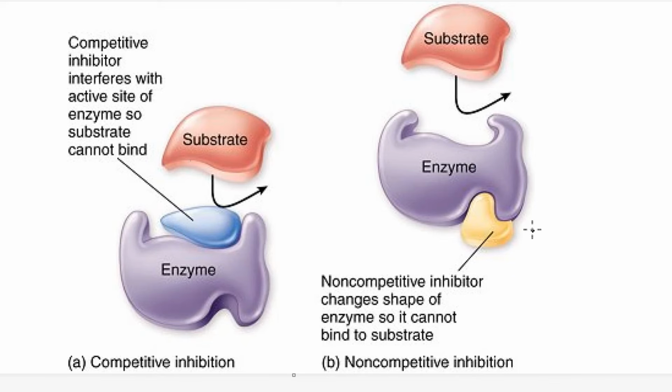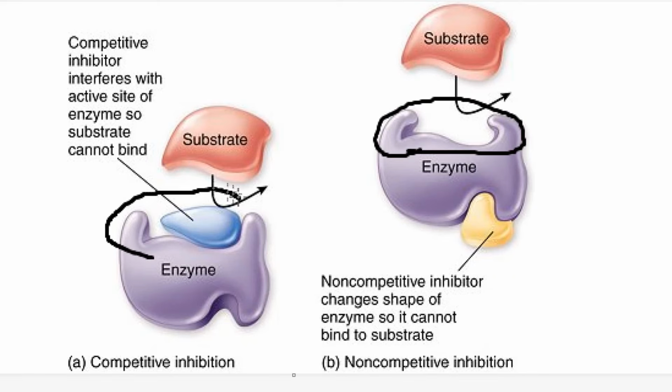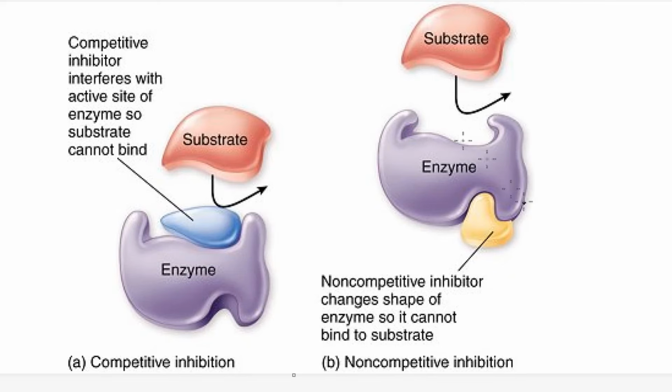Non-competitive inhibition, you'll notice here, is where, if we look at the shape of the active site here and here, we can see that the active site has changed a little bit on the one on the right. Well, why is that? What has happened here is that nothing is really attached to the active site, but we have a non-competitive inhibitor attached.